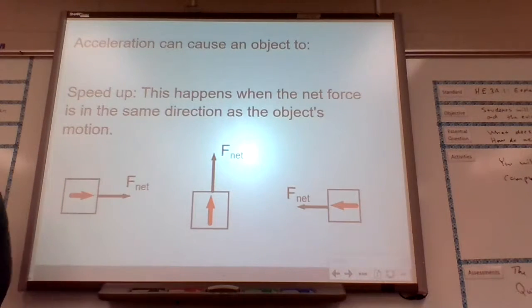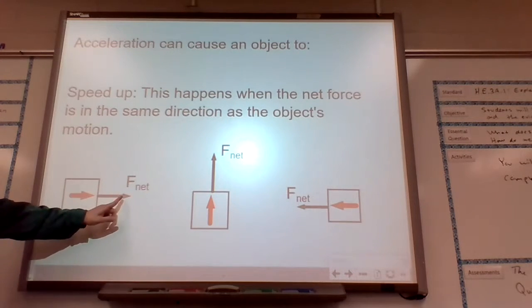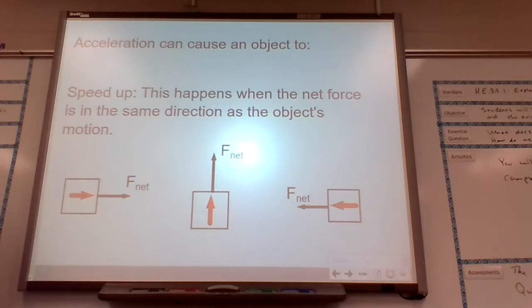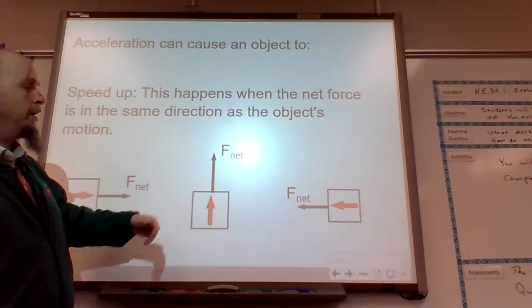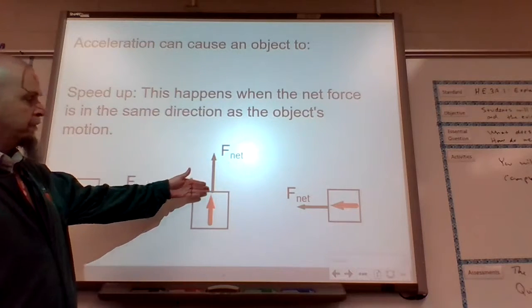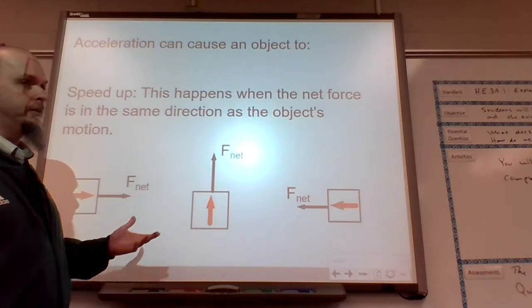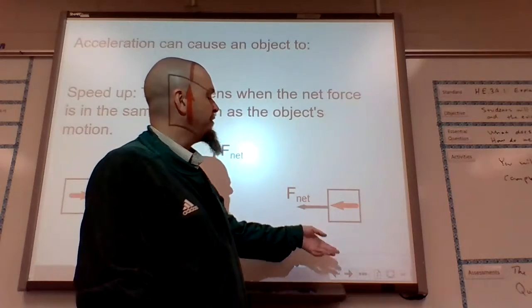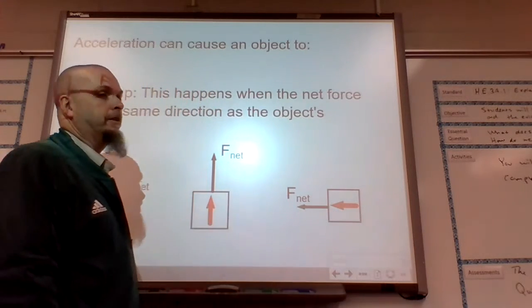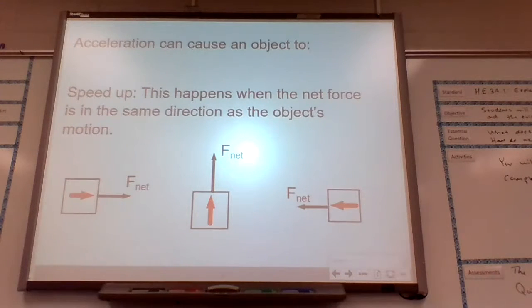Red arrows in the box indicate the direction that the object is moving. So if the object is moving to the right and the net force is to the right, this object would be speeding up. If the object is moving up and the net force is up, it'll be speeding up. If the object is moving to the left and the net force is to the left, the object will be speeding up.